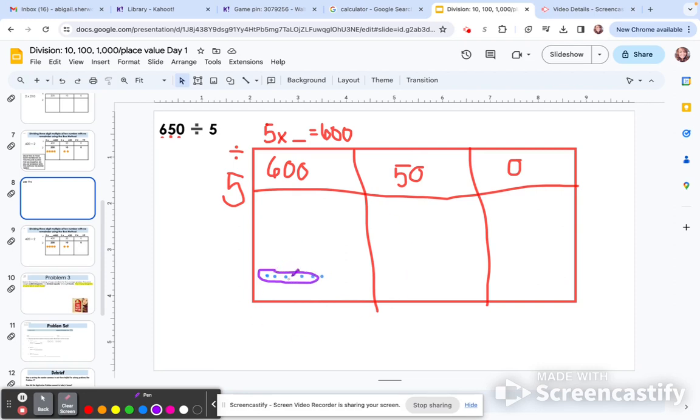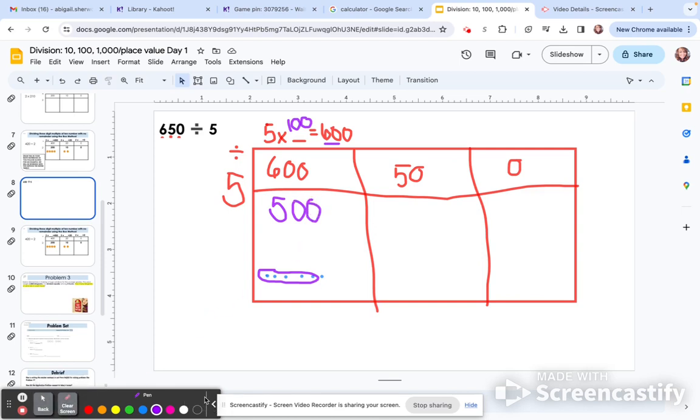How many groups do I get of 100? 1 group. So we know, even though this is in the hundreds, this is still going to represent 100. And it doesn't equal 600, but it actually equals 500, because 5 times 100 is 500. Correct?